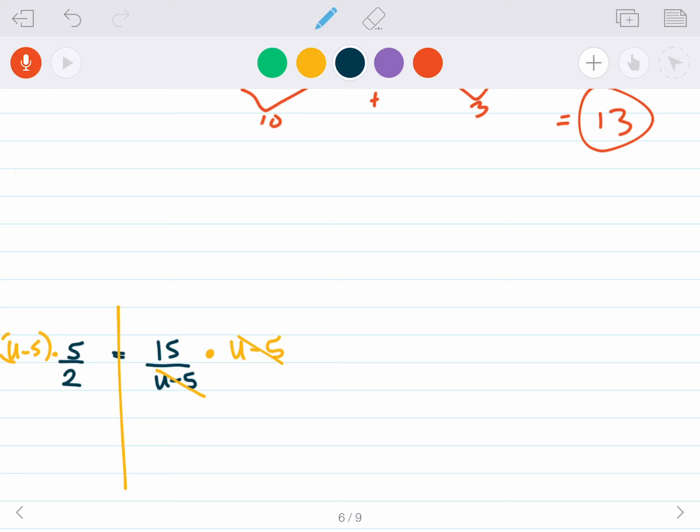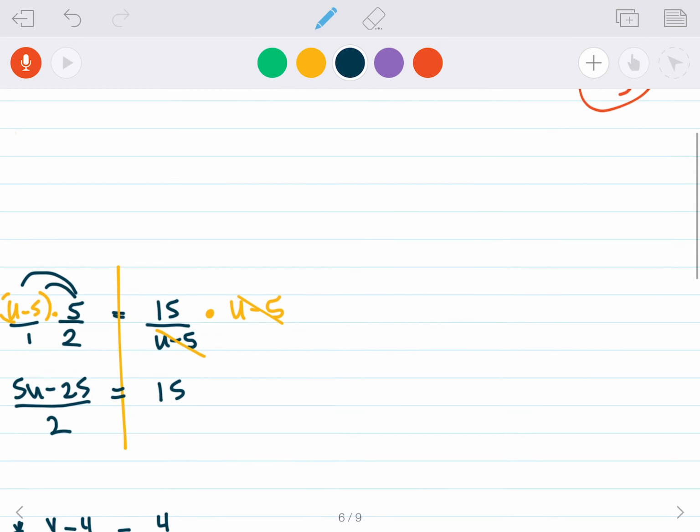So now, on the left side, I have to distribute this 5 in. So 5 times u is 5u, 5 times negative 5 is negative 25, over, on the bottom, 1 times 2 is 2. All right, so I'm going to write it over here because, once again, I have not given myself enough room.